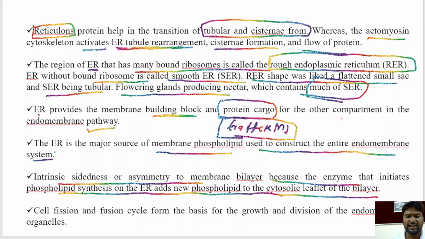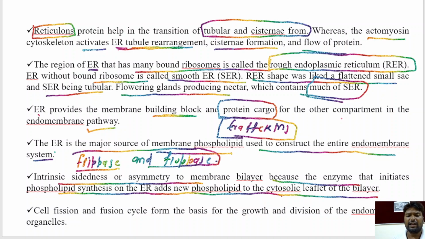So here are two enzymes, called scramblase and flippase. These two enzymes have a role in the flip-flop movement of phospholipids by proteins. Okay, friends.